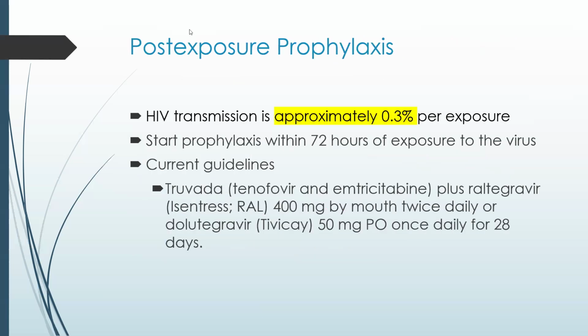Thinking about the exposure, people in dentistry have to be aware of the risk, but know that it's very, very low. HIV transmission is approximately 0.3%, so less than 0.5% per exposure. If you got stuck with a needle or with an instrument, a needle might have a slightly higher risk because it's hollow.